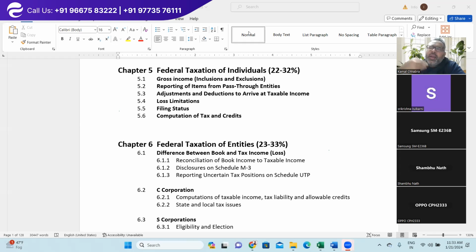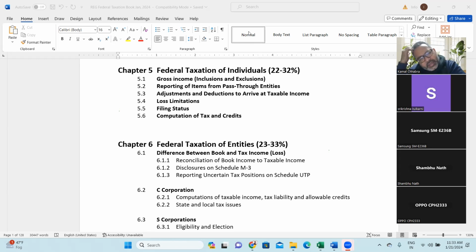So we'll be going through the computation of income in this chapter. There, first I'll be giving you details about gross income. If you remember, earlier we discussed that in India there are 5 heads of income. But in the US there are no such 5 heads. It's only a single performer. All categories of income fit into a single performer, with no separate heads.